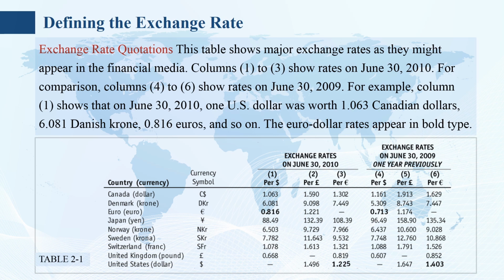For example, column 1 shows that on June 30, 2010, $1 was worth 1.063 Canadian dollars, 6.081 Danish crowns, 0.816 euros, and so on. According to our definition, this is the price from the US perspective and is called American terms.